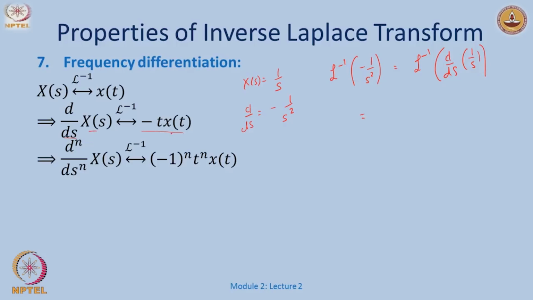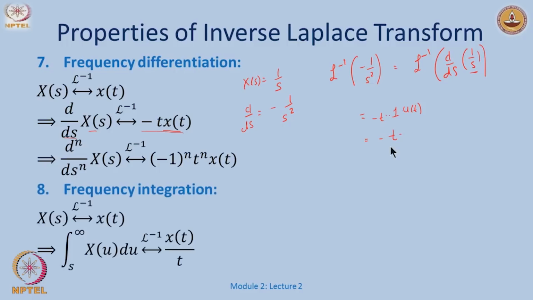X of s going to x of t, that is 1 over s, and in the equivalent time domain that would just be the unit step, 1 times u of t. This multiplied by minus t will simply be minus t. So, the inverse of minus 1 over s square is simply minus t.